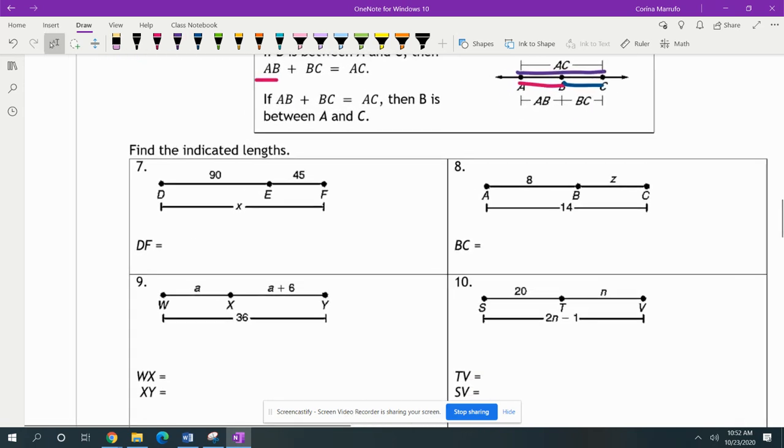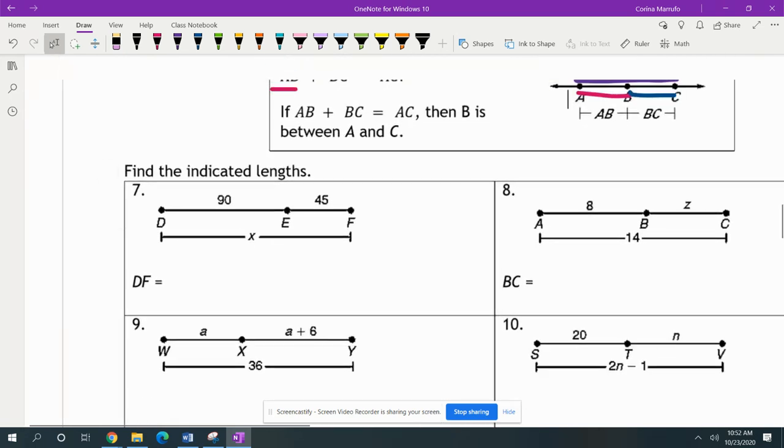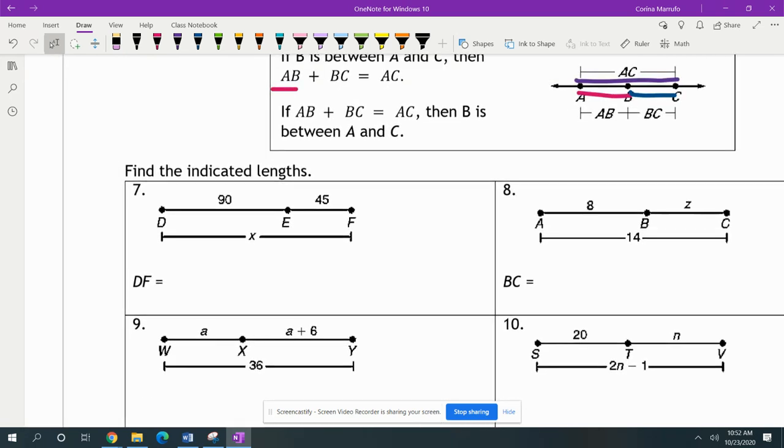So let's go ahead and do some examples so that it makes a little bit of sense. From D to F is going to be equal to the measurement from D to E plus the measurement from E to F. They want us to find X, which is labeled here.